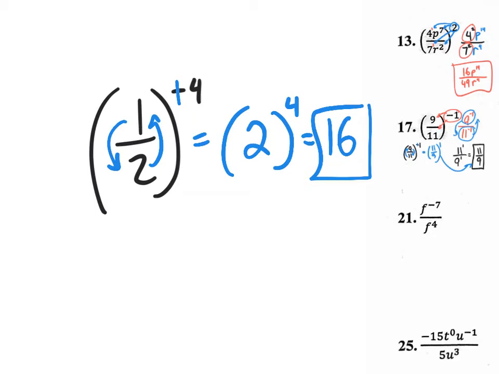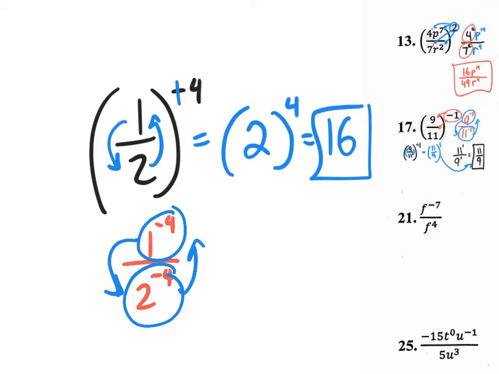Again, you could have taken the negative 4 and distributed, so putting a negative 4 on the top one and putting a negative 4 on the 2 that's on the bottom, and then applied rule 6 where you move, and then you'd end up with 1 to the 4th on the bottom and 2 to the 4th up on top, and when you work it out you get 16. I think it's a little easier if you have a negative exponent on the outside to simply take your fraction, flip it, change the sign, and then worry about the rest.